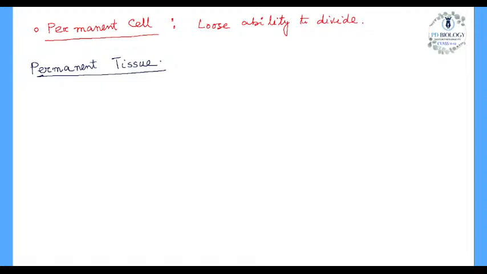So there are two types. That is the simple tissue, permanent tissues having all cells similar in structure and function.